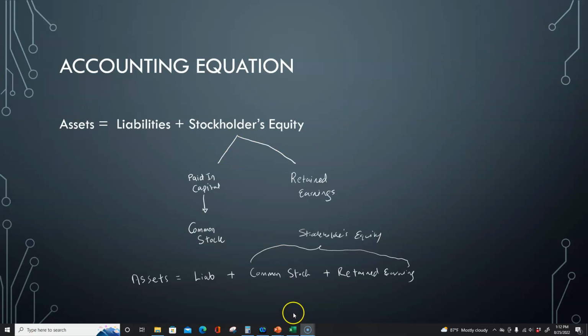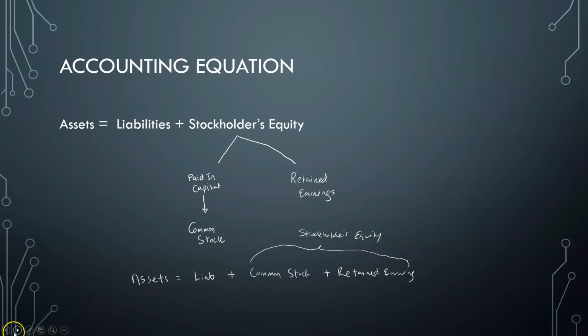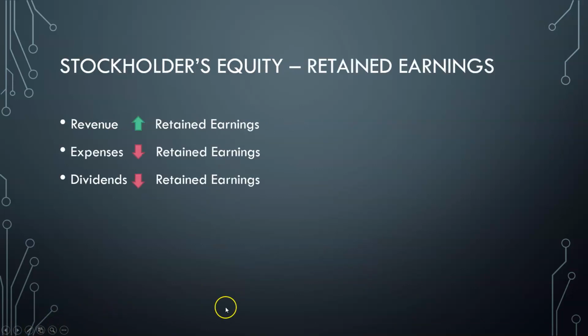The stockholders' equity section can be expanded to show common stock and retained earnings as being two components of stockholders' equity. And then under retained earnings, you need to know that revenues, expenses, and dividends do affect retained earnings.